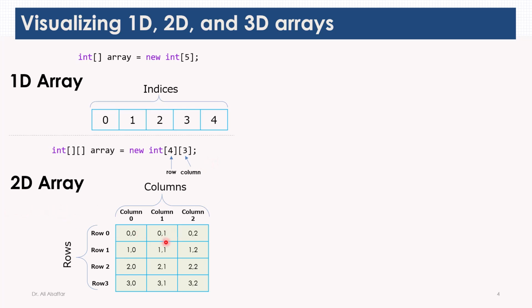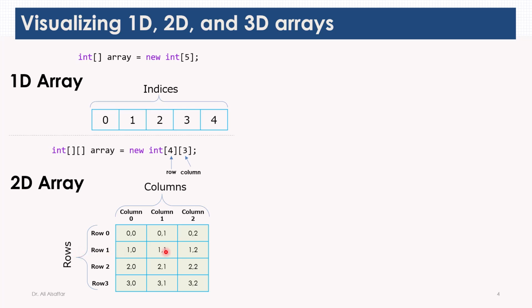So how do we reference the indices of this array? Like what we have done for the one-dimensional array, each dimension has its own index. It starts from 0. If we go row by row, this is row 0, and then we go column by column. So this is index 0,0, 0,1, and 0,2. So the row is 0, and the columns go from 0, 1 up to 2. In the second row, because this is the first dimension, we have the two numbers 1, 0. So 1 belongs to the first dimension and 0 belongs to the second dimension when we talk about indices.